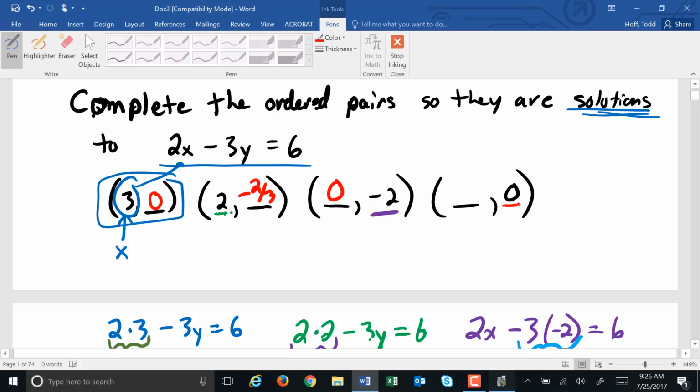This one will do the same thing. We'll put the 0 in for y. So 2x minus 3 times 0 equals 6. I'm going to give you guys a second to solve that one in your notes.